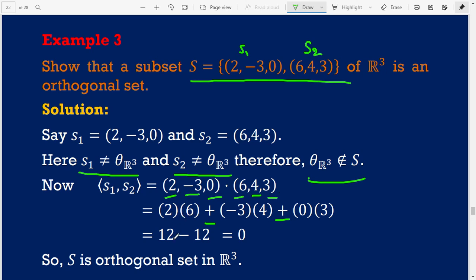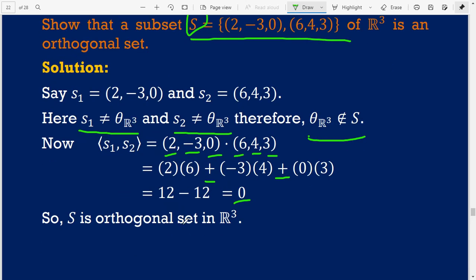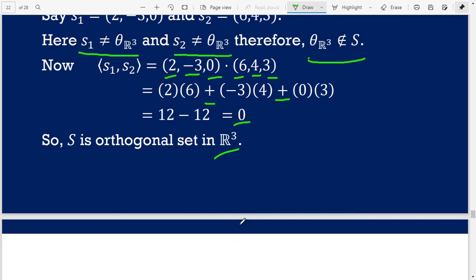So 6 into 2 is equal to 12, minus 3 into 4 is 12, plus 0. So 12 minus 12 is equal to 0. So inner product S1 with S2 is equal to 0. So this set is an orthogonal set in R3.